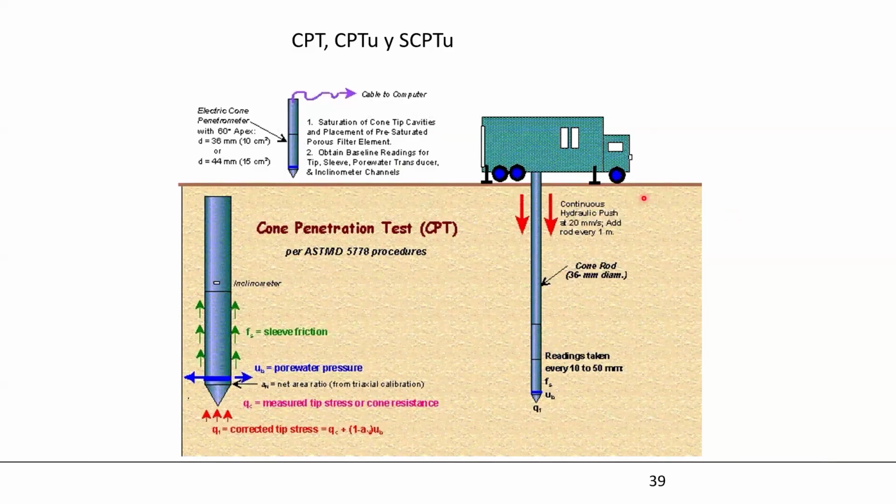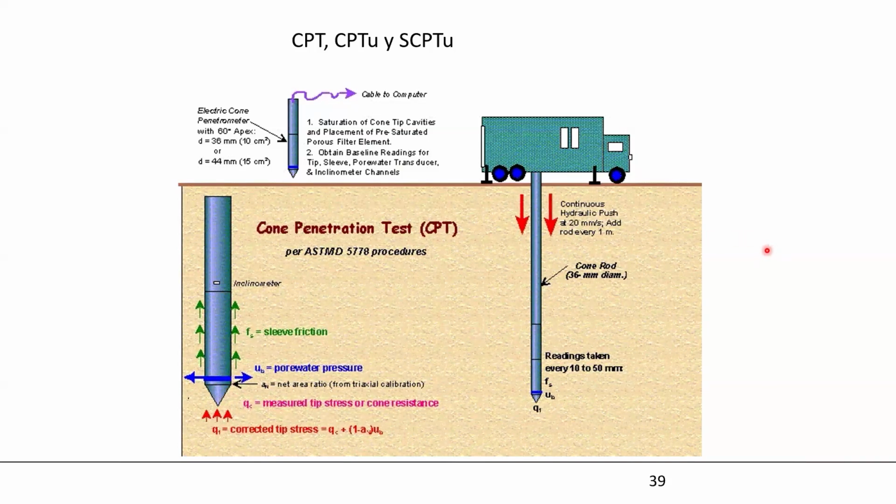Okay, on the other hand, we have CPT, CPTU, and SCPTU. That kind of test improves the results, obviously, because you have no human intervention, or less human intervention. In this case, you have 3 sensors: the friction sensor, the pressure sensor, and the bottom sensor.